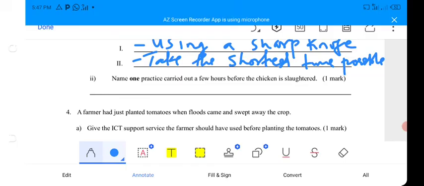Number 2. Name one practice carried out a few hours before slaughtering the chicken.